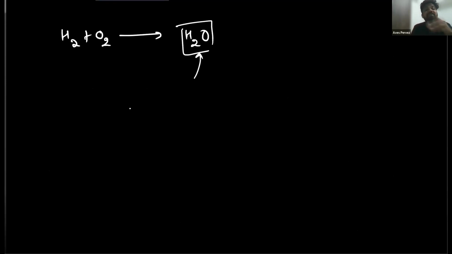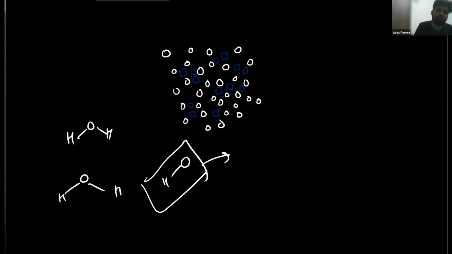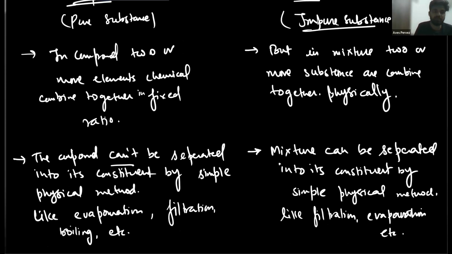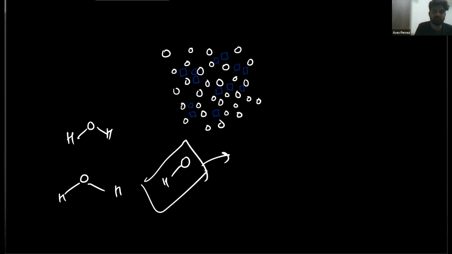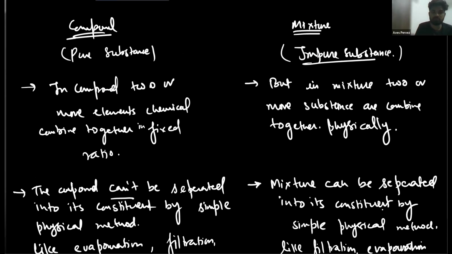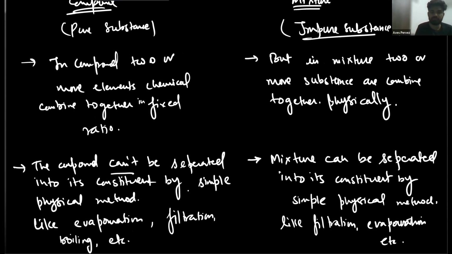But when you pass electricity, this is a chemical method. So we can simply say that a compound cannot be separated into its constituents, meaning what it is made up of, like hydrogen and oxygen, or into its elements. A more appropriate word here is elements. Compounds cannot be separated into their elements.